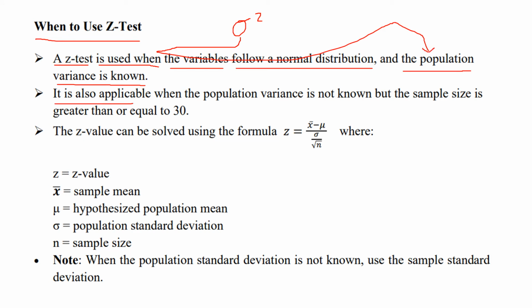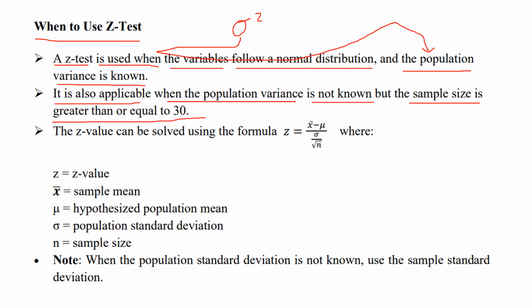It is also applicable when the population variance is not known. We simply use this Z-test even if your population variance is not known, but the sample size is greater than or equal to 30. So there are two things that we need to consider.